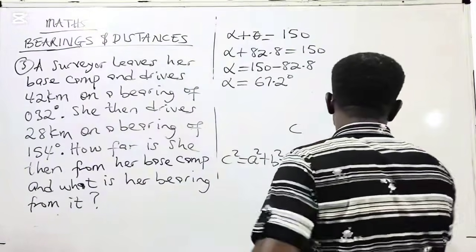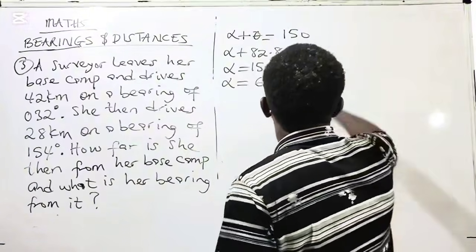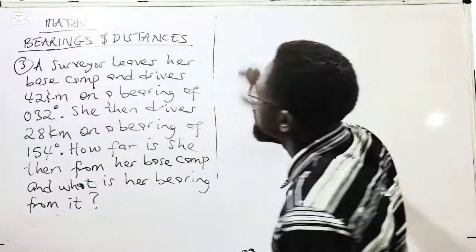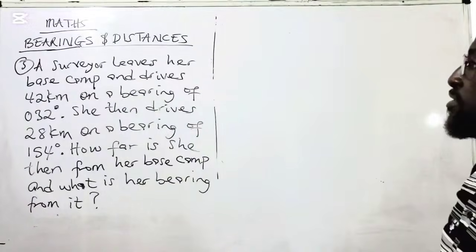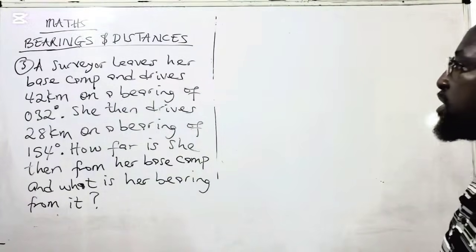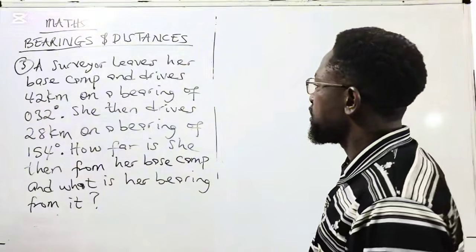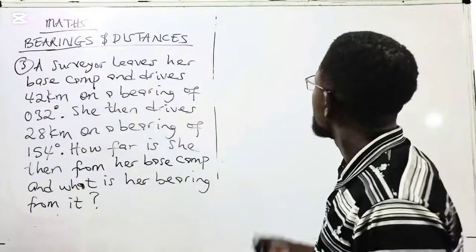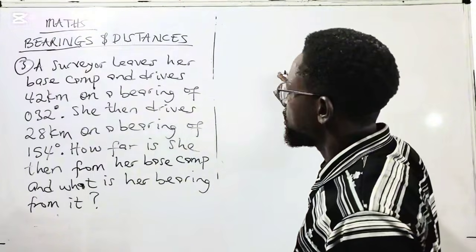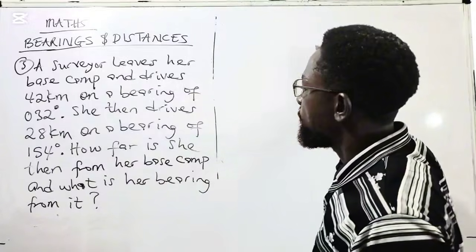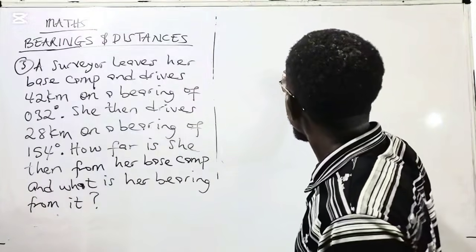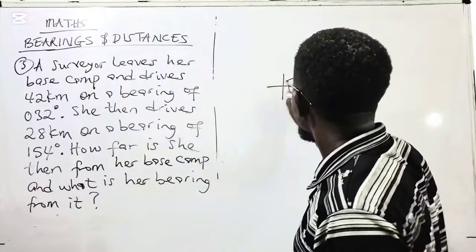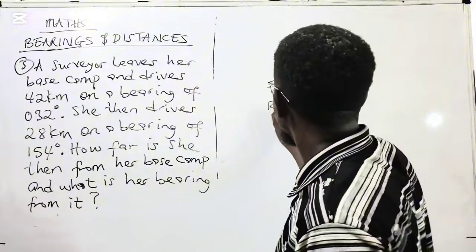Okay, let's see how to draw this diagram. The surveyor leaves a base camp and drives 42 kilometers on a bearing of 032. Let's call it B to represent the base camp.